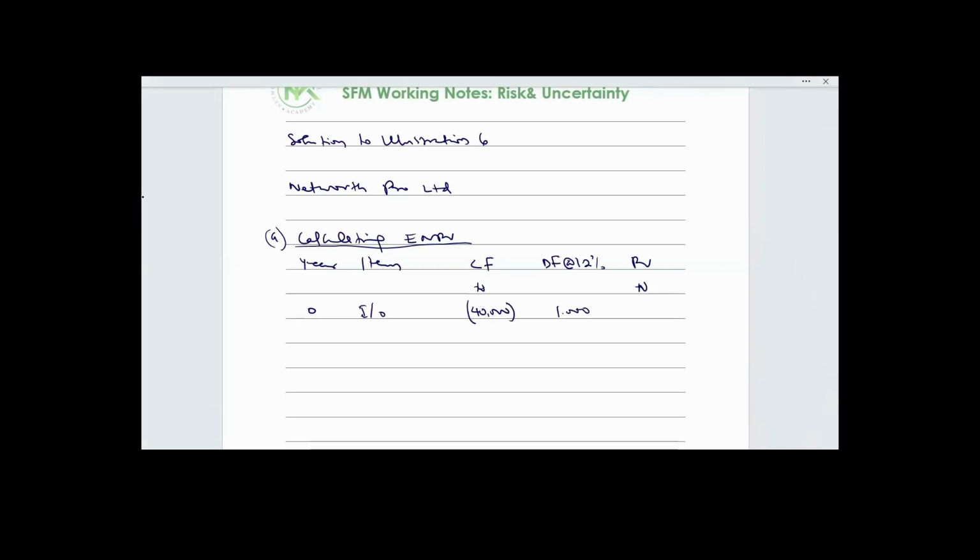Multiply by 1,40,000. So year one, what's the useful life of the projects? 5 years. So year 1 to 5.